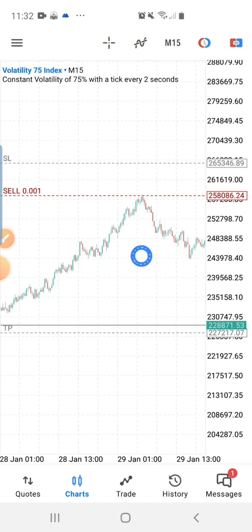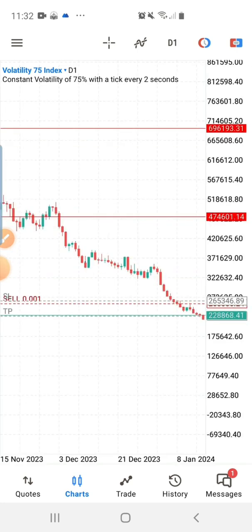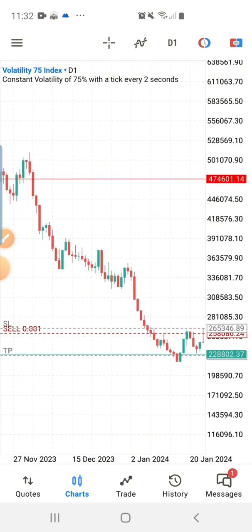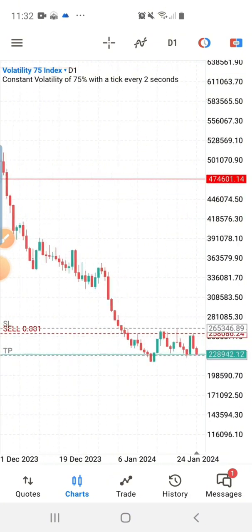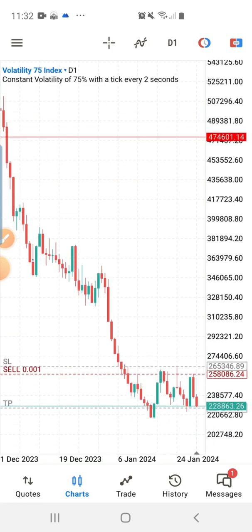First off, you have to go on a higher time frame. Before you start even thinking of making this kind of entry, you have to consider the higher time frame. On a higher time frame, there's a particular candle I want you to always look out for.